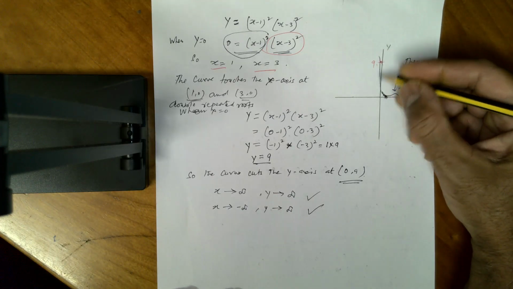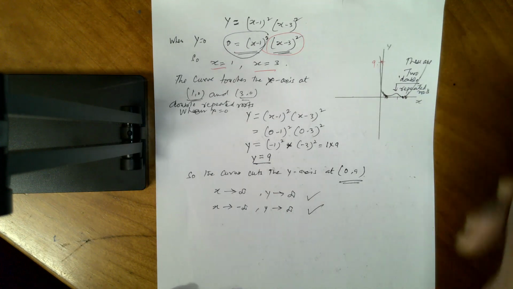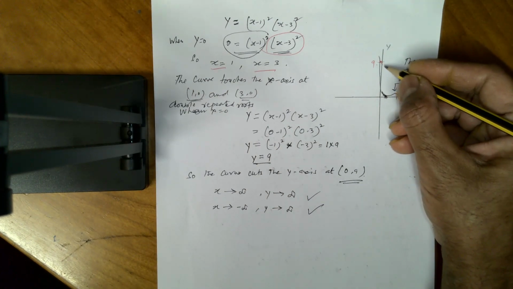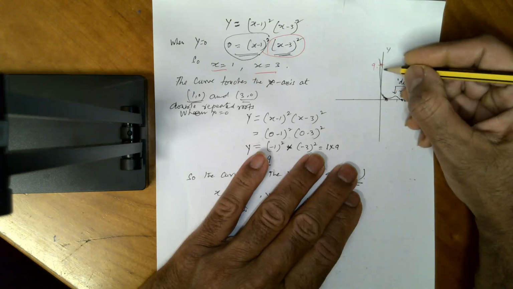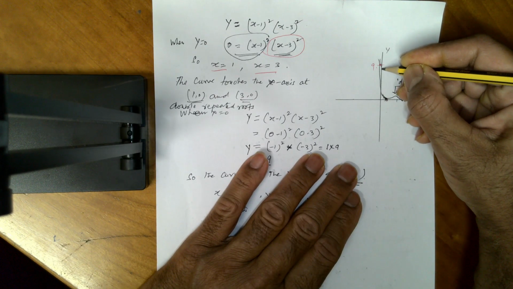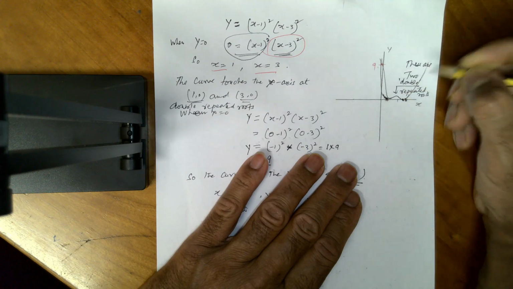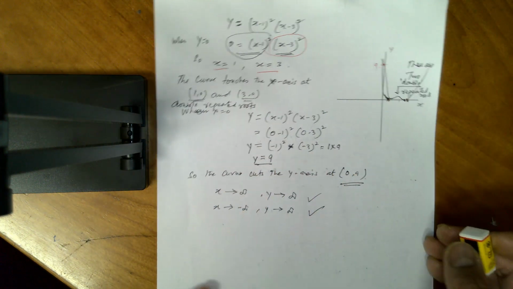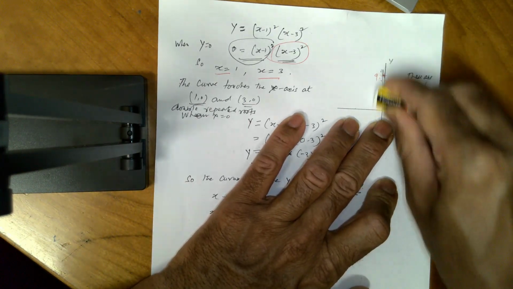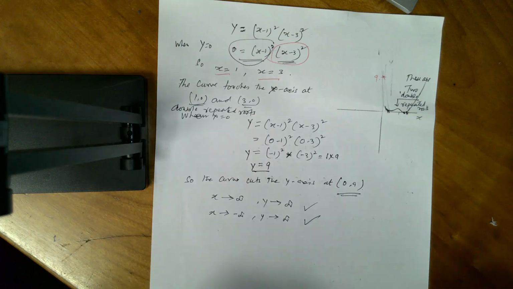I'm sorry, because it's too close to that one. Okay, so this is a 9, but 9 here, but I should have cut like this. Okay, so let me just make it clear to you. Sorry about this.